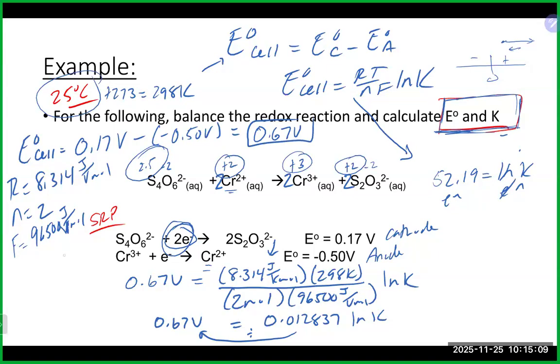I'm going to use the whole number, not the rounded number, and I'm going to yield something like 4.6 times 10 to the 22 as our equilibrium constant.